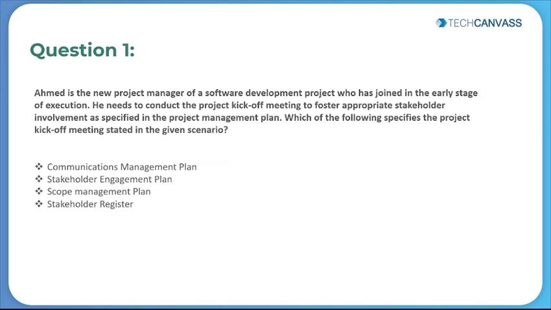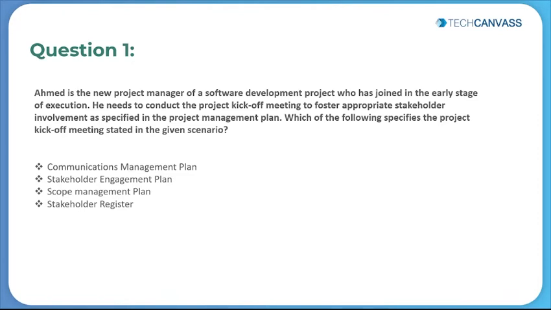Alright, so question number 1 says: Ahmad is the new project manager of a software development project who has joined in the early stage of execution. He needs to conduct the project kickoff meeting to foster appropriate stakeholder involvement as specified in the project management plan.